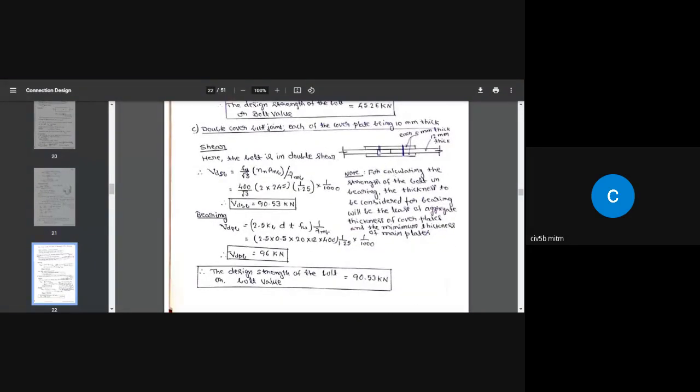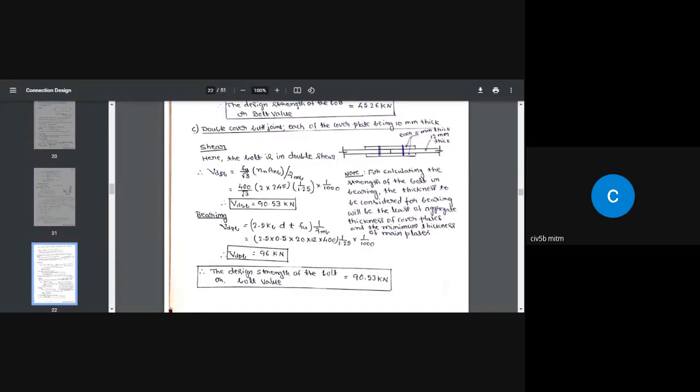But in this case, this side is getting stressed, and this side and this side of these two cover plates are getting stressed. So that means these two cover plates are acting together, and this plate, the main plate, is acting alone.